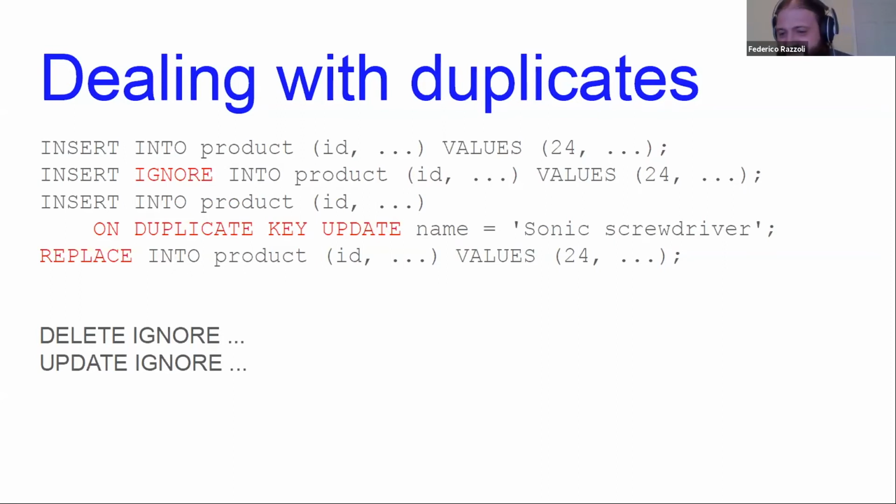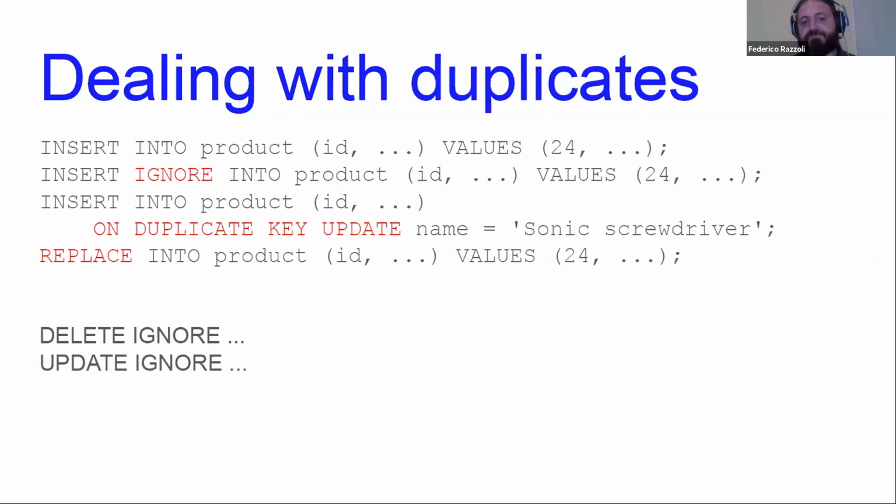So the next example is a slightly more complicated syntax, but not really complicated. Basically, as you can see, we are inserting a row, but we also add ON DUPLICATE KEY UPDATE.